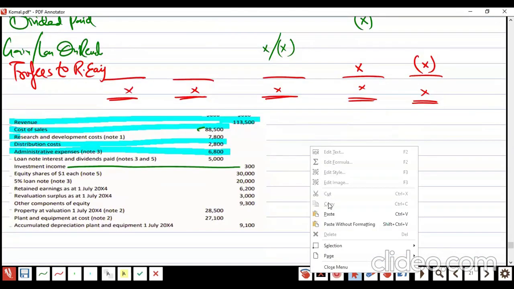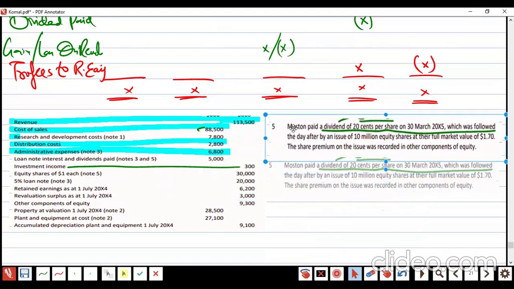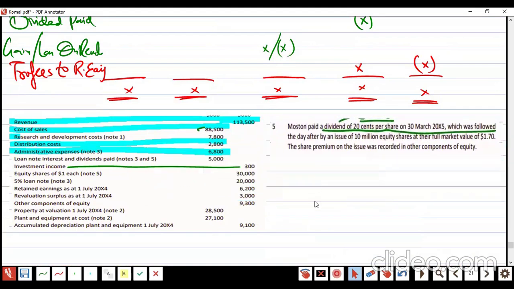Now, all the data for the company is in front of us. Share capital is given. Equity shares, how much? 30,000. This 30,000 is which date?